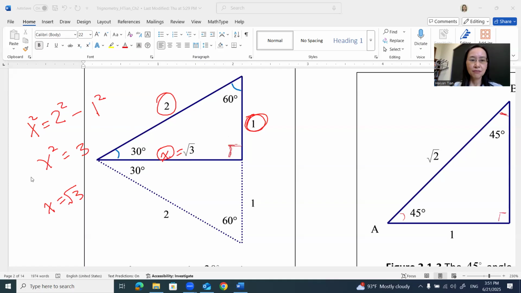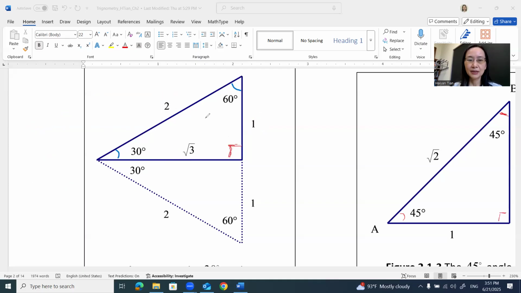So we're ready to find the trigonometric function values for the 30-degree angle, because we have the x value, the y value, and the r value.